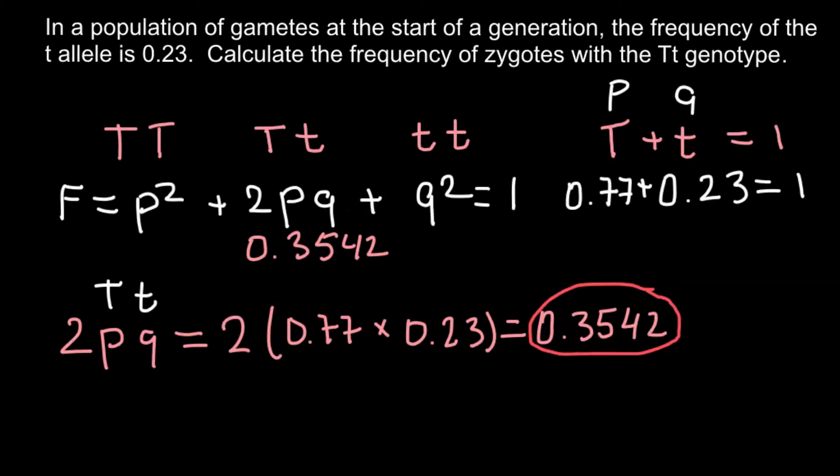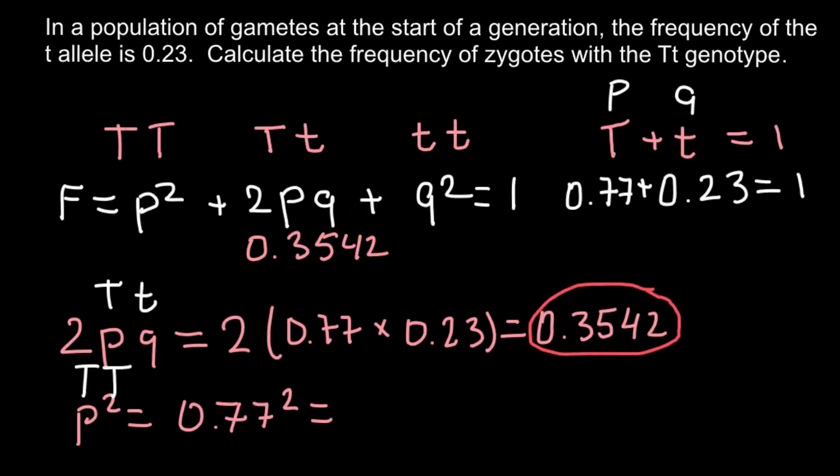As you see, it equals p squared, so p squared would equal 0.77 squared.